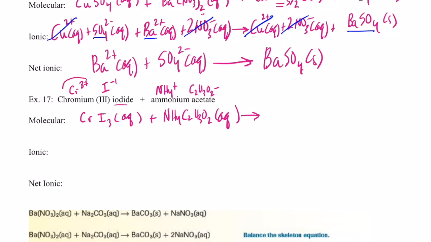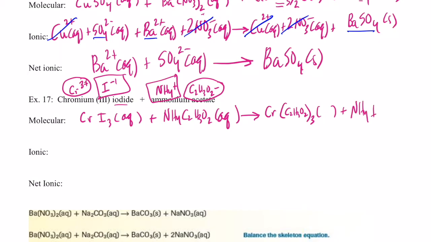All right, so chromium will be together with acetate. So chromium's 3 positive, acetate's 1 negative, so that's Cr(C2H3O2)3. Leave our parentheses blank for just a sec. And ammonium will get together with iodide. NH4 is positive 1, I is negative 1. And we'll leave our parentheses blank for just a sec.